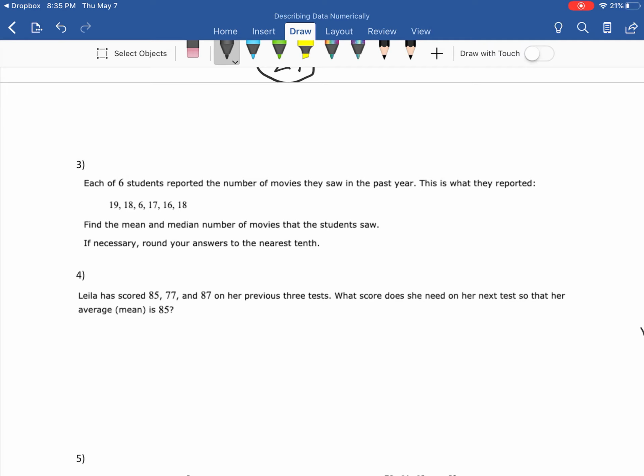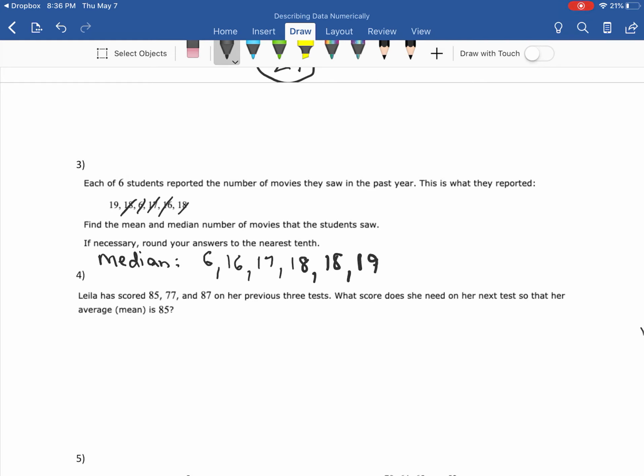Number 3. So we want the mean and median. Let's get the median first. We're going to order them. I'm going to go low to high, or you could go the other way. Low 6, and then we've got 16 and 17, 2 18s, and a 19.